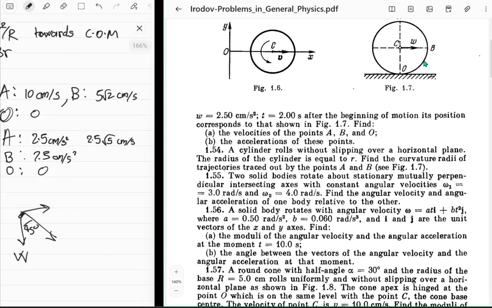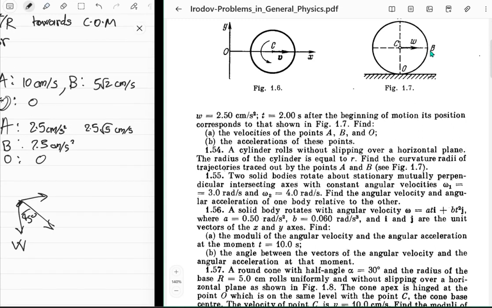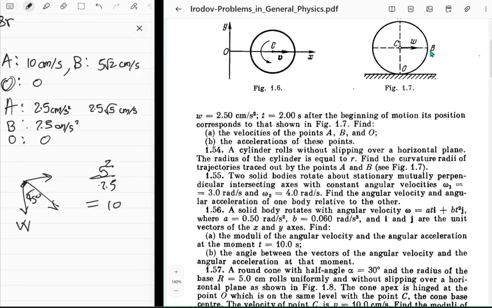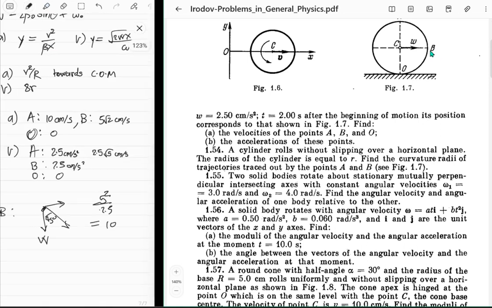It's not that bad actually. It's just going to be 5 squared in CGS units upon the acceleration, which is 2.5 in this case. That will be 2 into 5, so 10. So for B it's 10. Hey, nice. Radius is 10 centimeters.